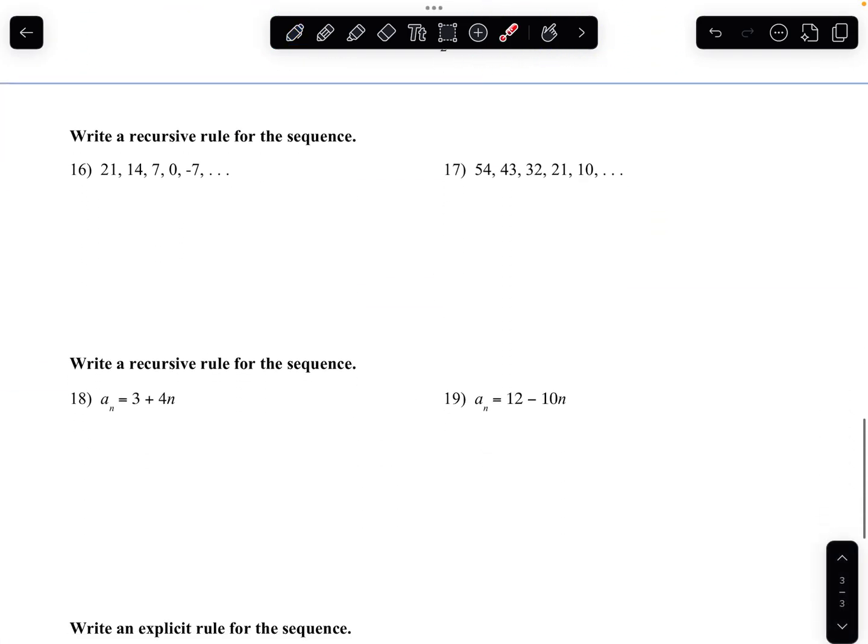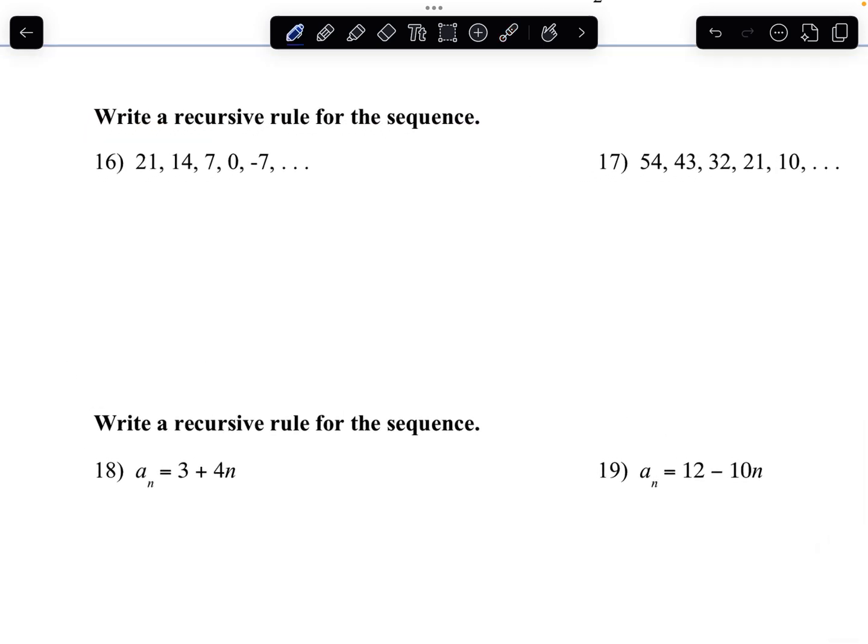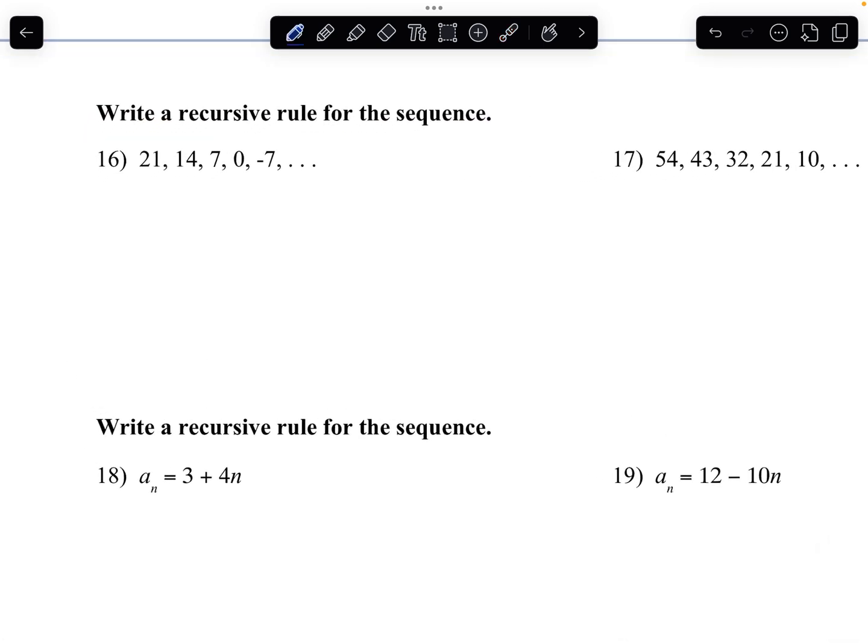For this one, it says write a recursive rule for the sequence. So I'm going to write that a sub 1 is equal to 21. And then I'm going to write a sub n is equal to a sub n minus 1, and then plus or minus the common difference. The common difference here is minus 7, so a sub n minus 1 minus 7.